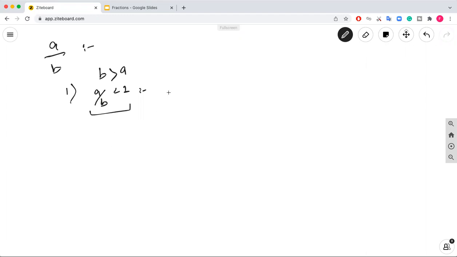Okay, so give some values to a, b. Let's suppose this is 2 and this is 3, right? And if I add the same positive integer to a and b, let's call that integer x, and for example, if I call that 2, right?